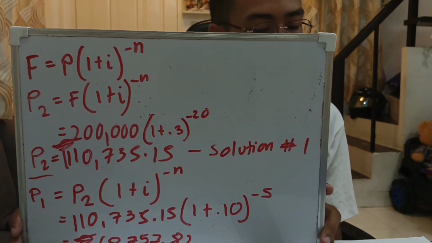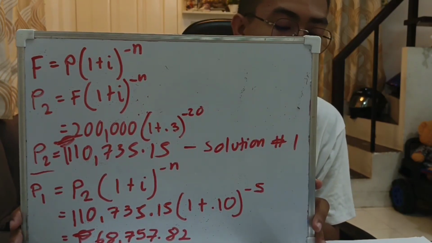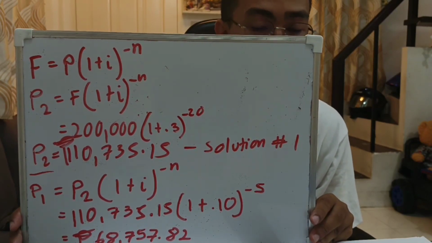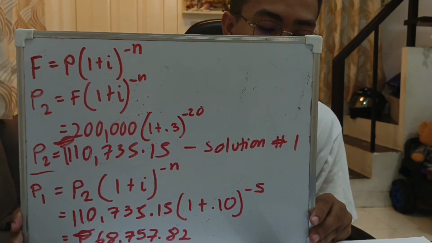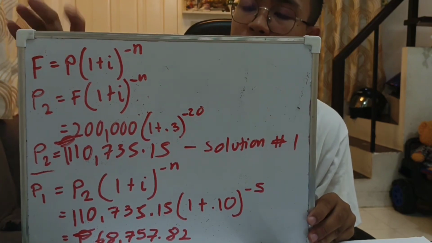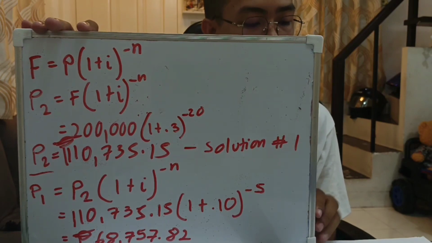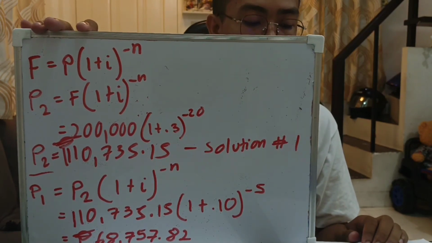So we will be calculating this one. So F is equal to P times the quantity of 1 plus i to the power of negative n, and our P2 is equal to F times 1 plus i to the power of negative n, where our F here is 200,000 pesos.